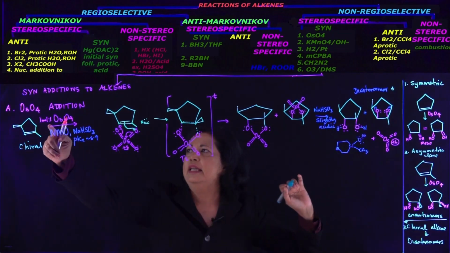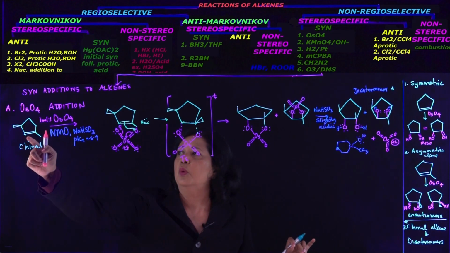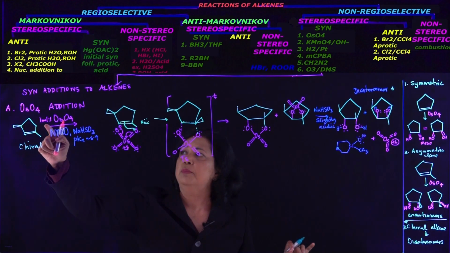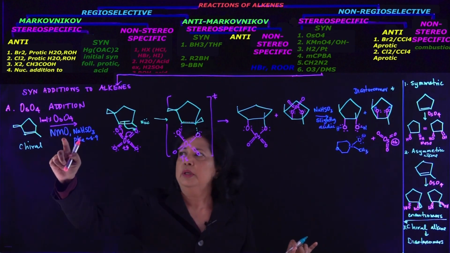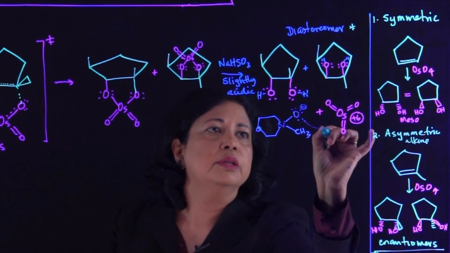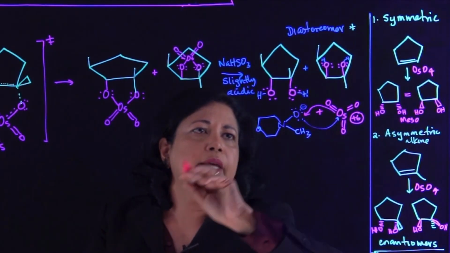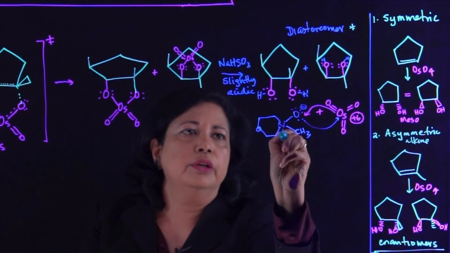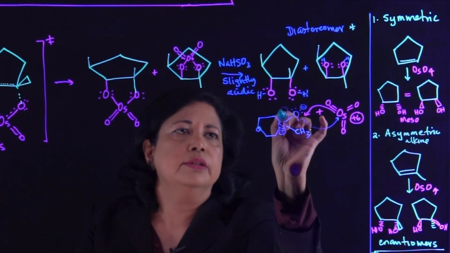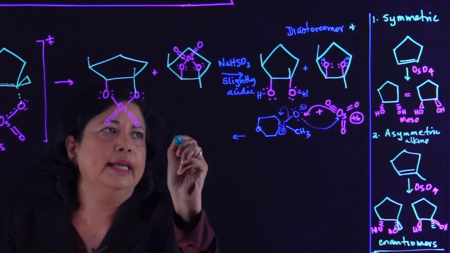So you only need to have a 1 mole % of this. Let's say you have 1 mole of this, you just need 0.01 mole of this, but you should have an excess of NMO. So here, this goes in here. Well, eventually the osmium is going to grab that, and nitrogen here is positive, so those electrons move in and they will regenerate the catalyst.